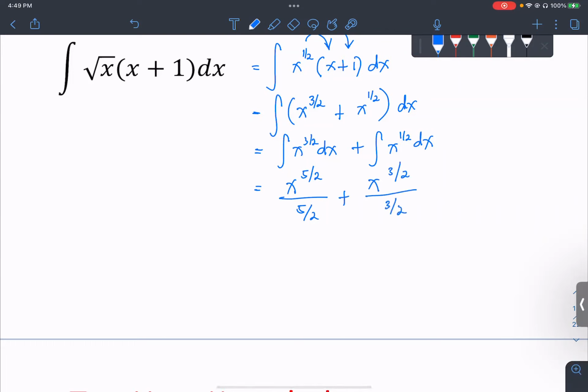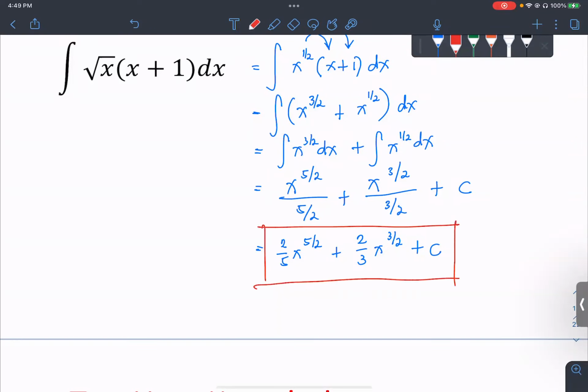Over 3/2 plus c. Then, so since nasa baba yan, and then wala naman siyang coefficient yung x, ang gawin na lang natin would be the reciprocal. 2/5 x raised to 5/2 plus 2/3 x raised to 3/2 plus c.